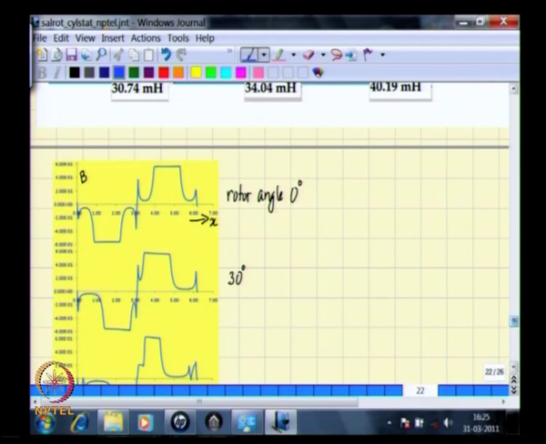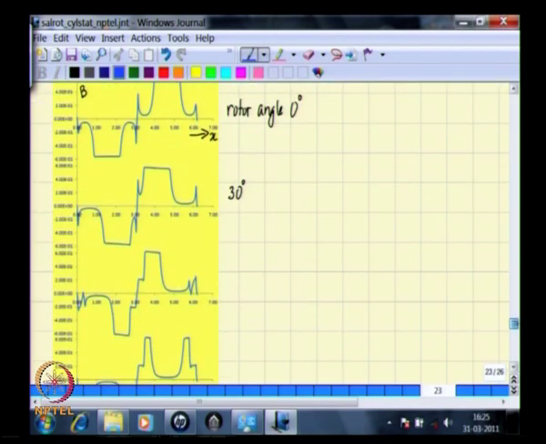As the rotor rotates further, this plot is drawn for 60 degrees of the rotor angle. Here you see again it is this region where the pole face occurs that has high flux densities, again the interpolar regions have low flux density.